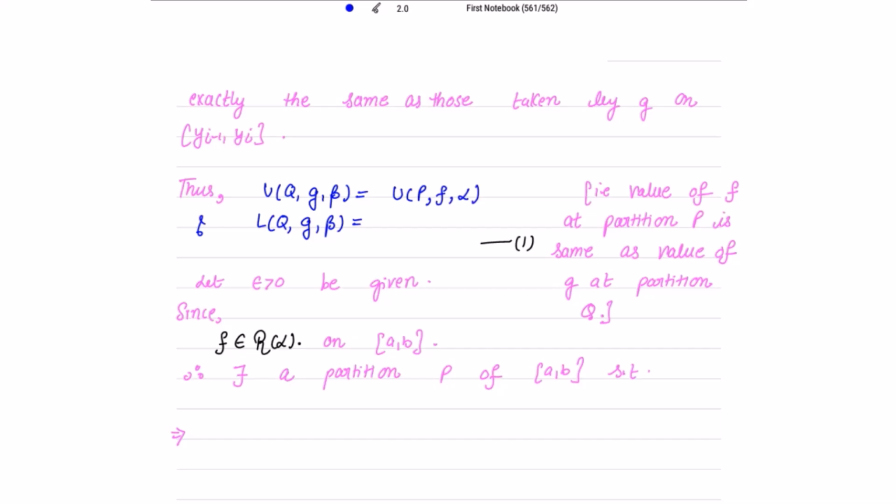Is the difference clear? Alright. Similarly, the lower Riemann sum for the partition Q, g, beta will be equal to the lower Riemann sum for the partition P, f, alpha. Let me mark this as 1.